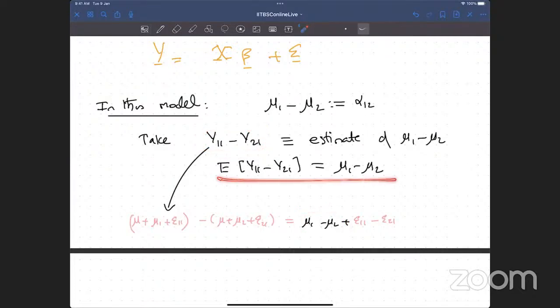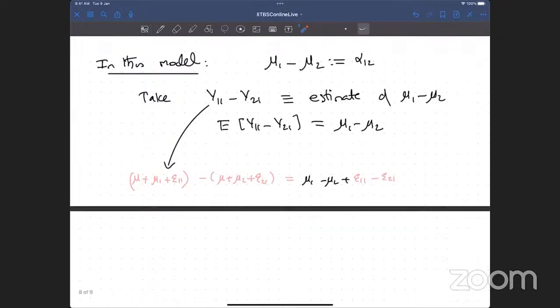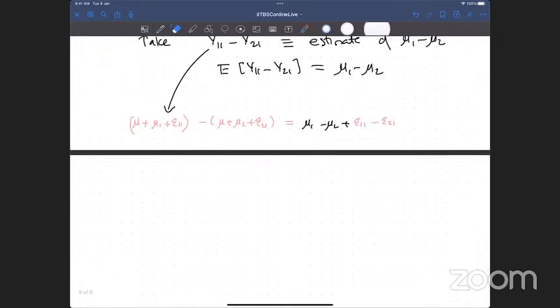So I don't need a special formulation of the thing itself, just using this. This comes to your question. So what is mu1 minus mu2? I take the vector p, put, let's say, 1 on the first entry, -1 on the second, and 0 everywhere else. My beta is just mu1 all the way to mu q.